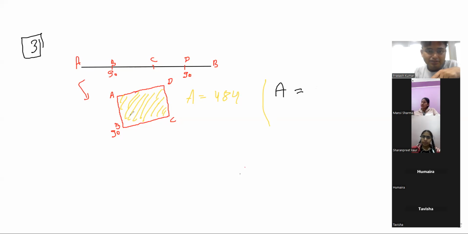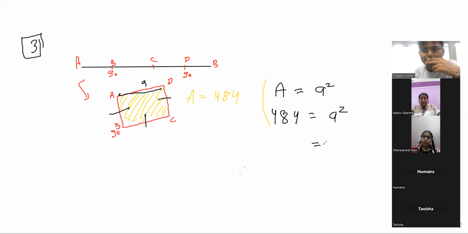So I can take any side, right? Let this side be A. All the lengths will be A only. So area equals side square, that is A square. I know the area is 484 equal to A square. And now 484 is the square of 22. A equal to 22.